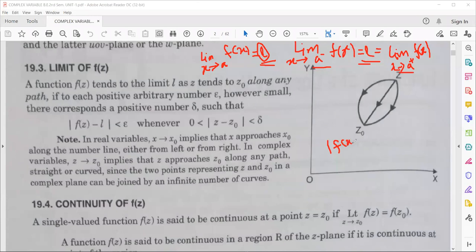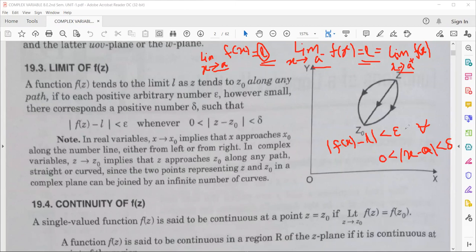Suppose the limit of f of x exists, then the absolute value of f of x minus L should be less than epsilon for all x, where x tends to a, with the absolute value of x minus a less than delta, and greater than 0, positive.